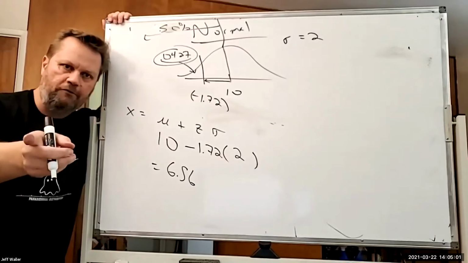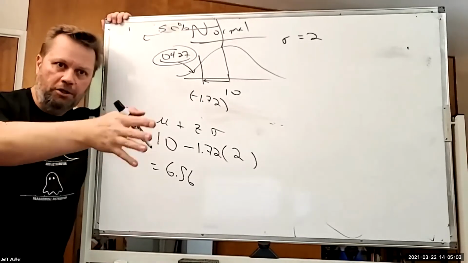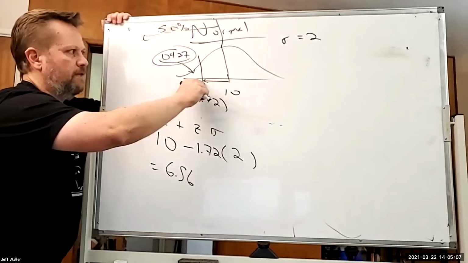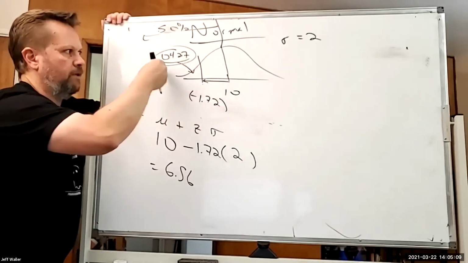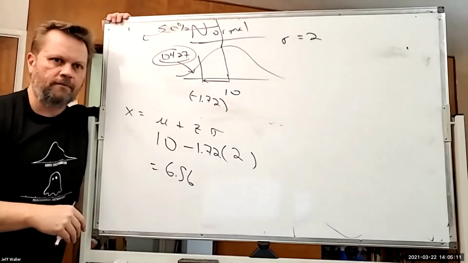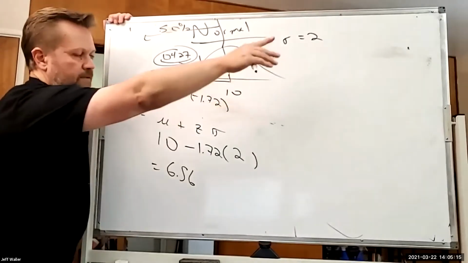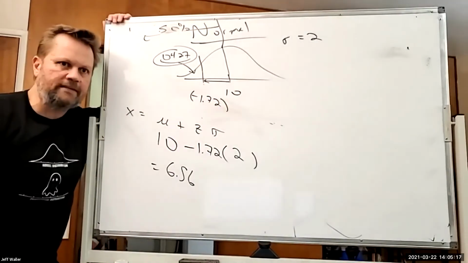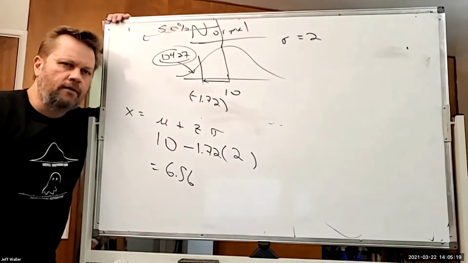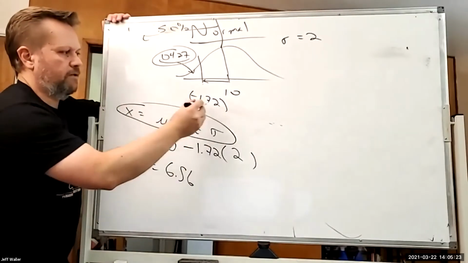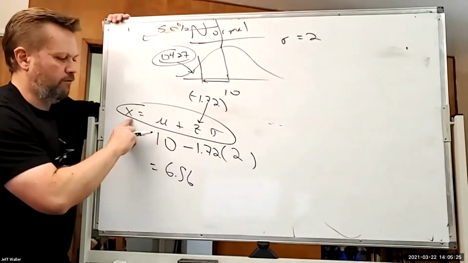The z-score chart is a beautiful way to look at it. It tells you how many steps until you're left with this percentage below. If it's negative, you have to take steps down. If it's positive, you have to take steps up. That's it, right? And then you have this formula to convert the z-score back into a raw score.